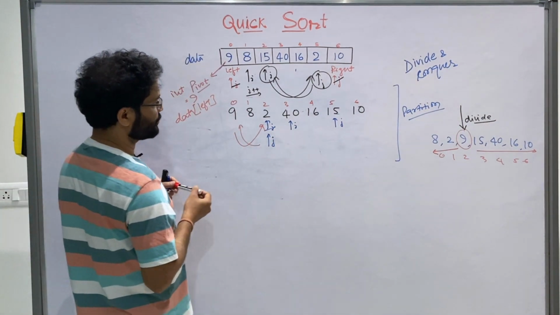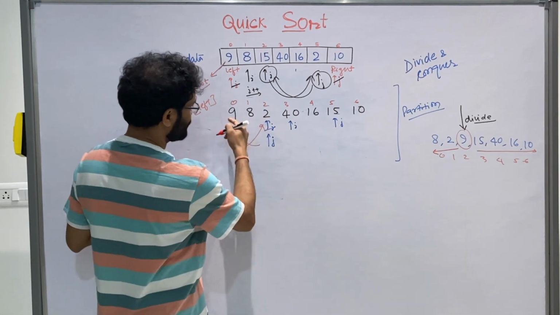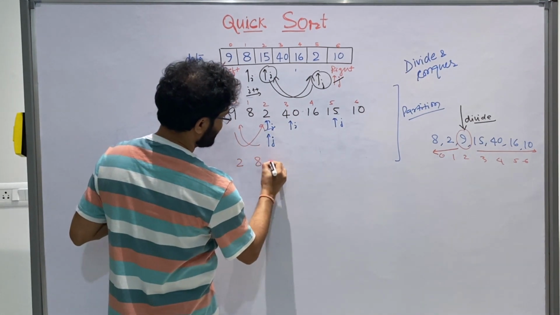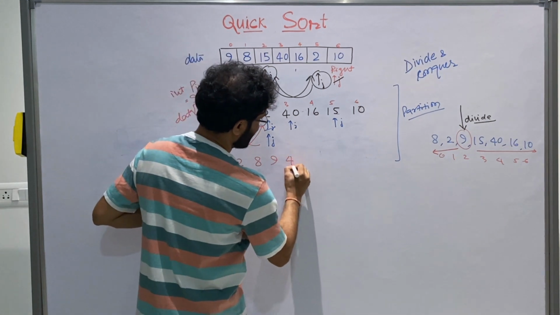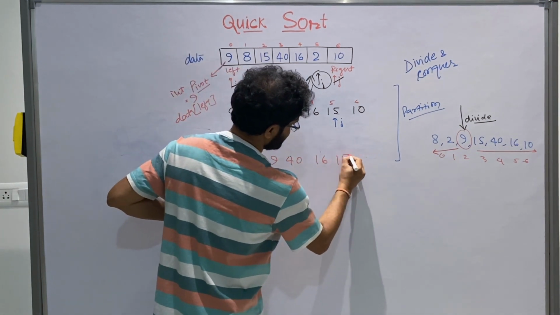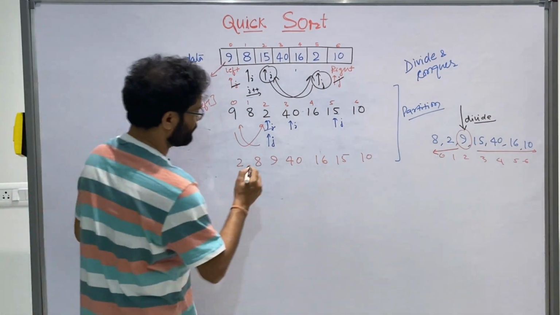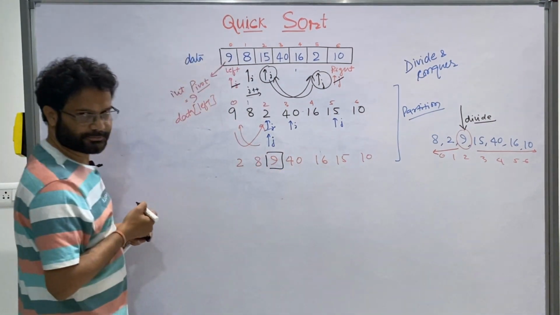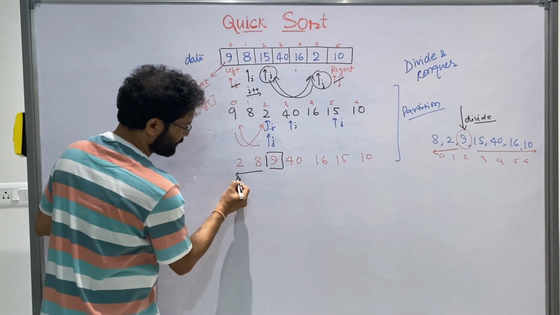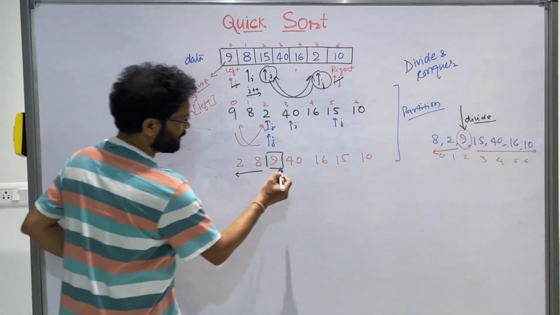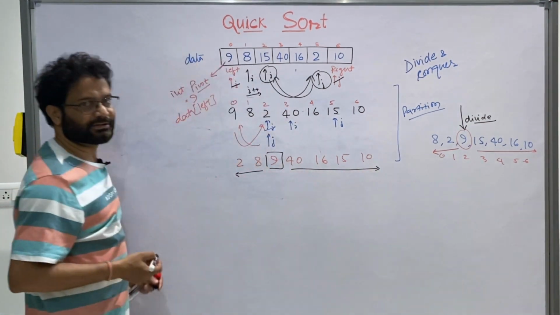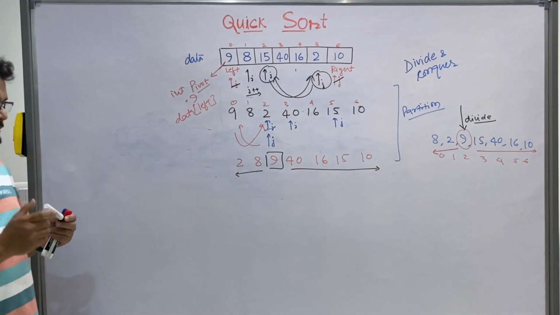And now if you do that, your numbers become 2 here, 8, 9, and the rest as it is. So now you see your pivot came into its actual position. Before the pivot, everything is smaller than the pivot. After the pivot, everything is greater than the pivot. And one partition is complete.